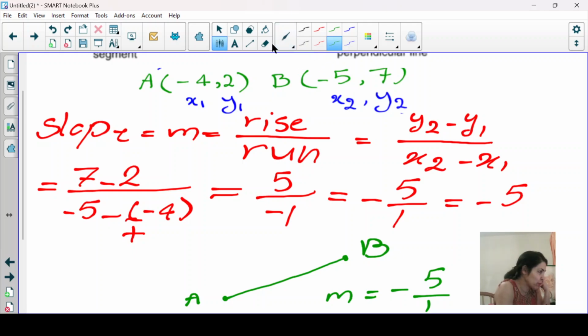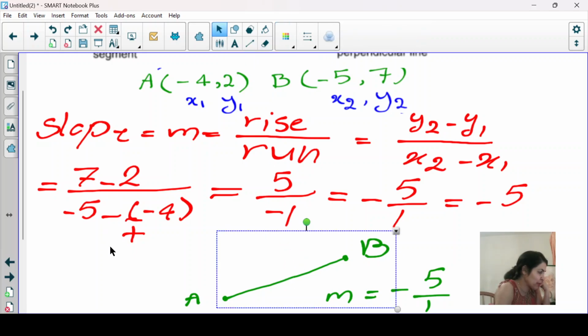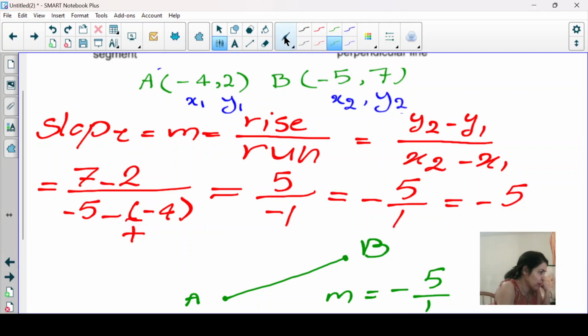But the perpendicular bisector is going to pass through the midpoint and be perpendicular to that.